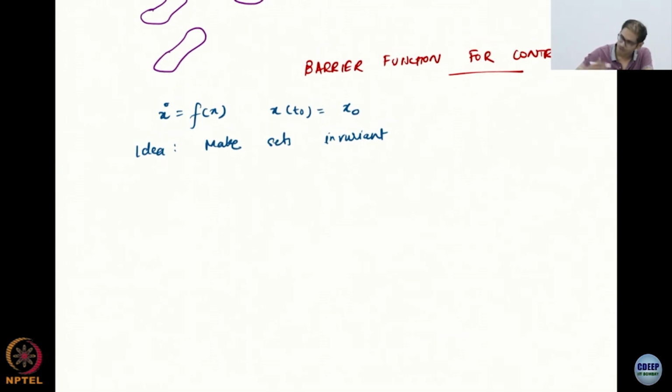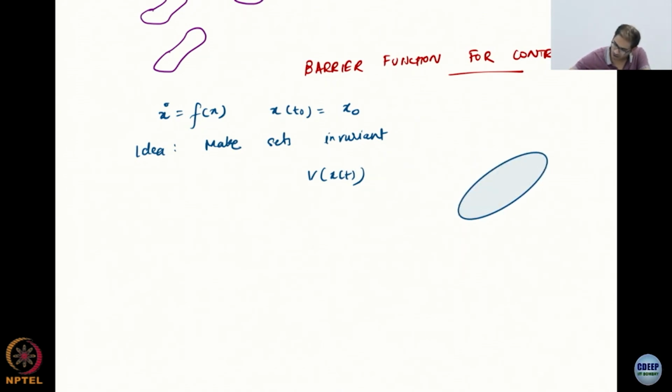Let's use that example also. Okay, suppose I take again some V of x of t. All right, now suppose again it has level sets of this kind. This is one level set of V, another, and so on, right?